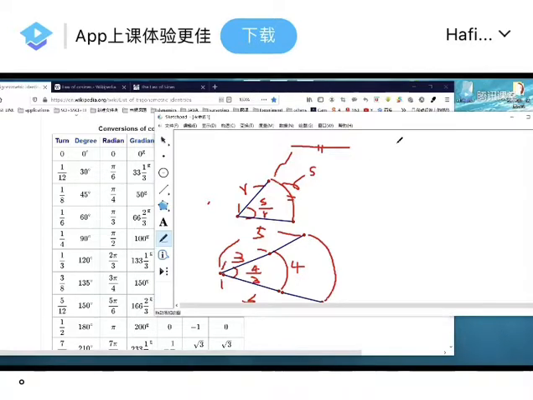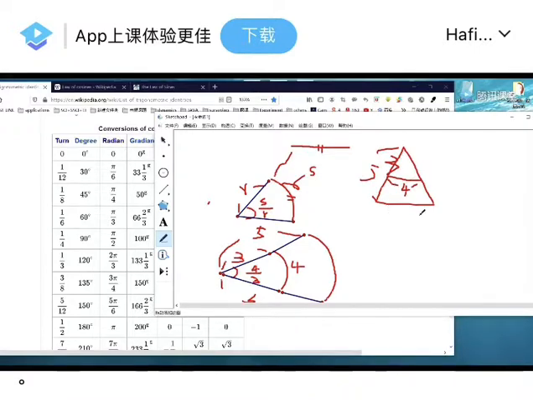Indeed, it's a bit like a triangle. If you look at this one, with trigonometry, this is a triangle. So if this is 3, this is 5, and this is 4, by trigonometry this triangle is similar to this triangle.